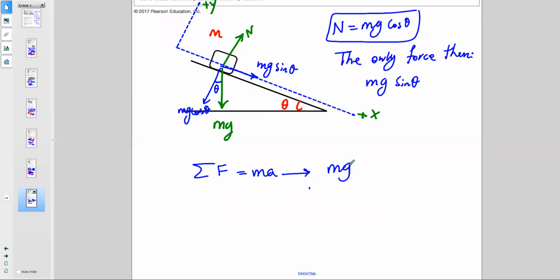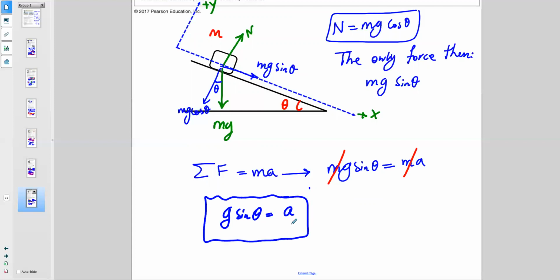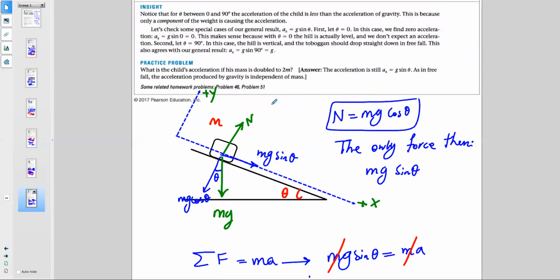So mg sine theta is the total force now, equals ma. The m and m will cancel out. g sine theta is a. And we know what g is, 9.81 meters per second squared, right? So depending on the sine of this angle theta, you can find the acceleration, okay?